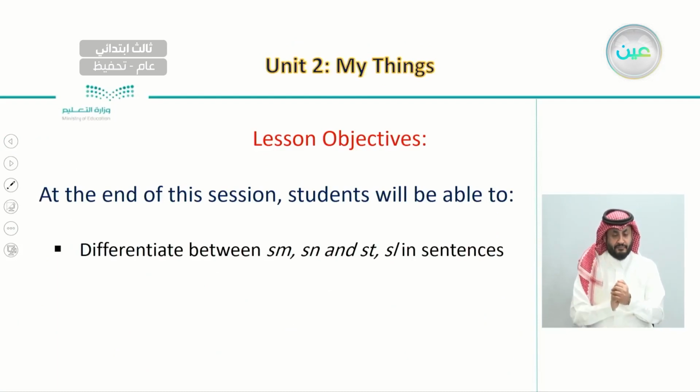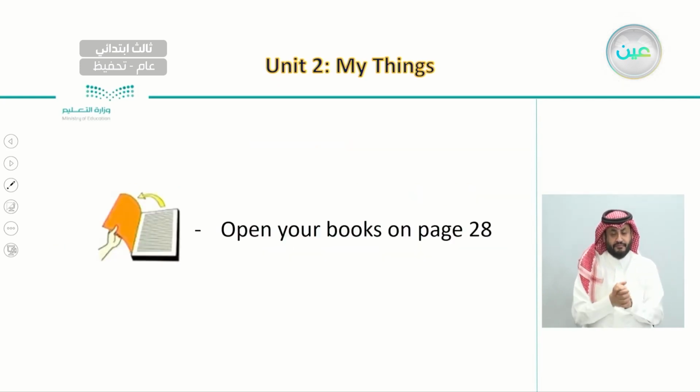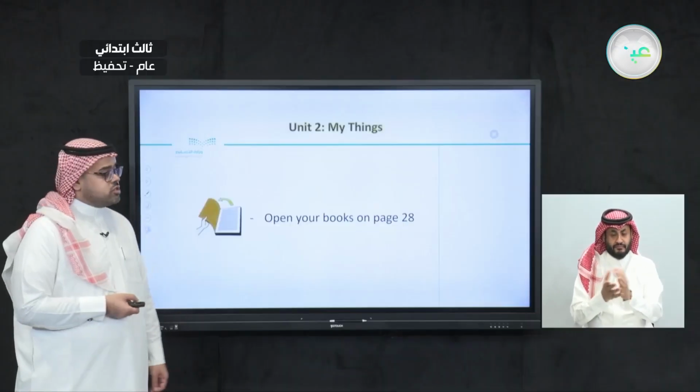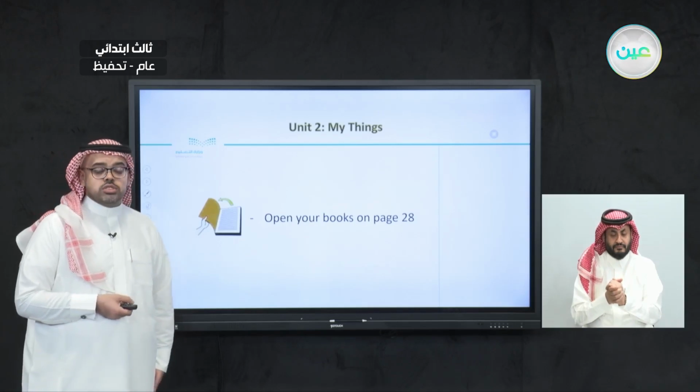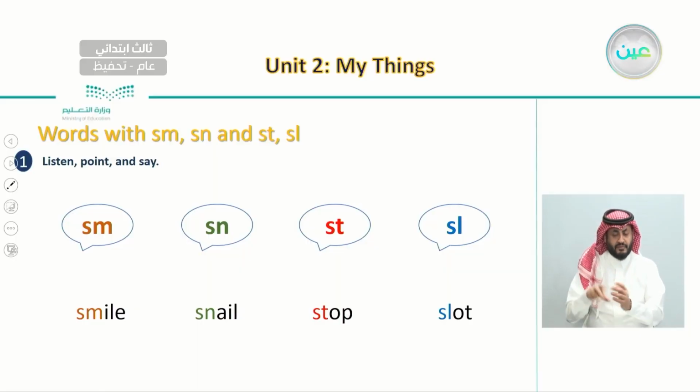So now let's get to know our objectives in today's lesson. At the end of this lesson, we hope that you will be able to differentiate between SM, SN, ST and SL in different sentences. To do this, I would like you please to open your books on page 28.